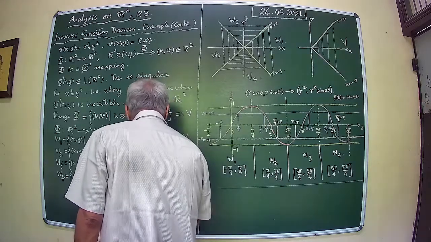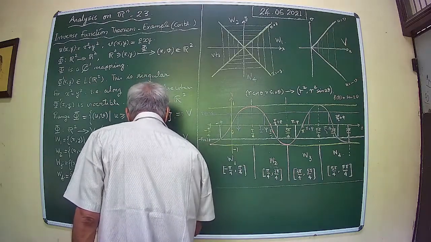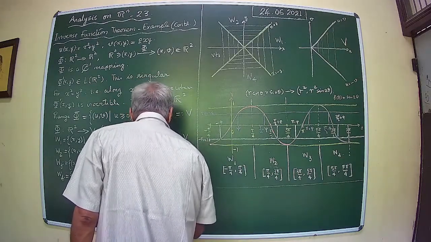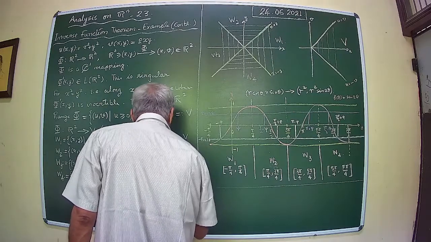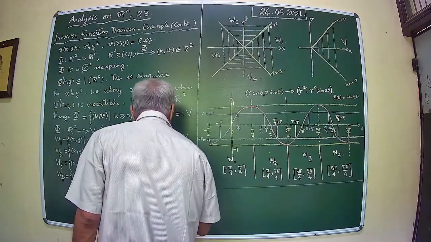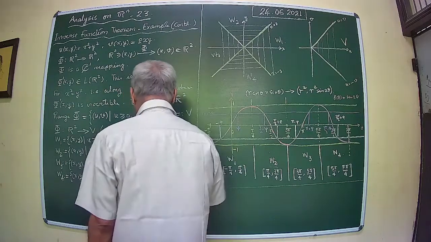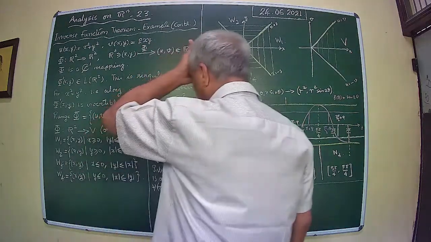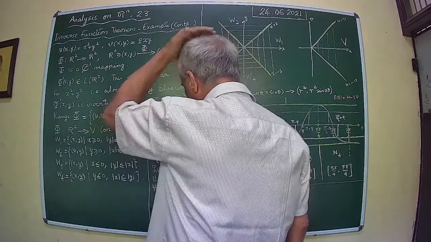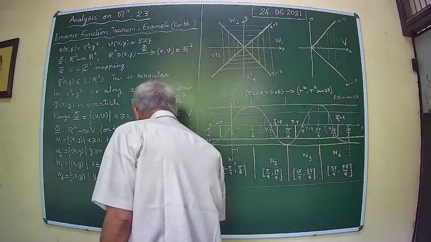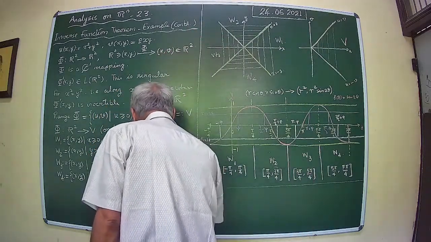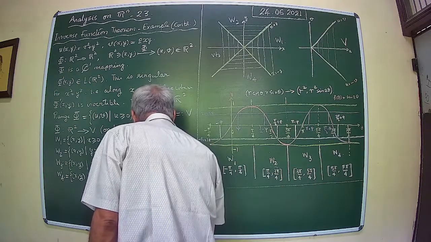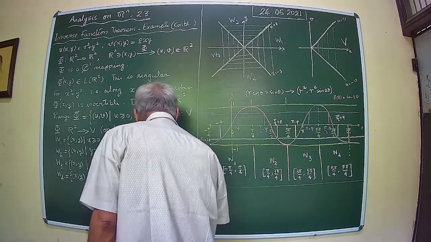And for every (x,y) belonging to the interior of Wi, what one has is that phi dash (x,y) is invertible.